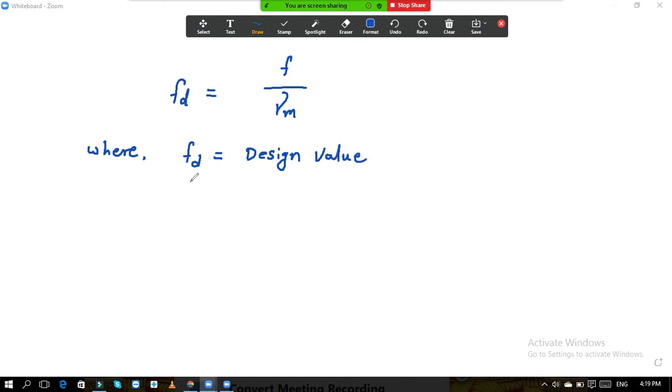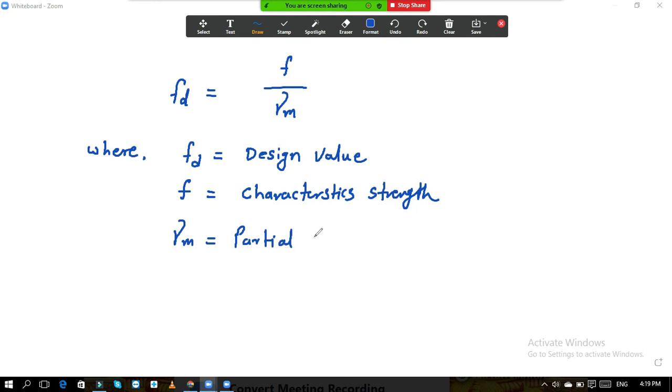Okay, this F is nothing but the characteristic strength, and this gamma M is the notation for the partial safety factor of material.